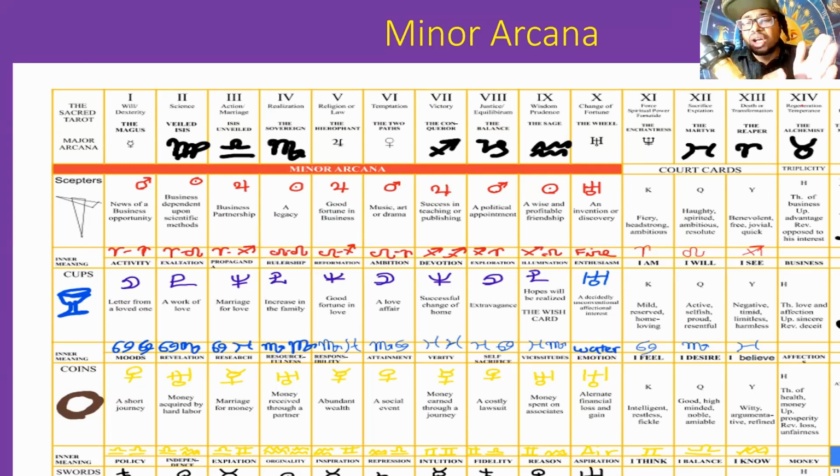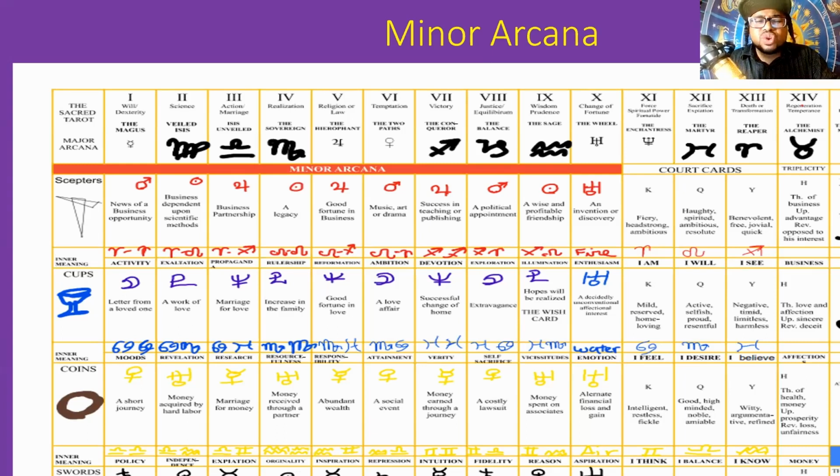Because remember, once we move beyond 9, we are dealing with decay. So the root has already been given to you. And so number 1 of the major arcana represents the Magus, will and dexterity, but the astrological significance to that is Mercury.